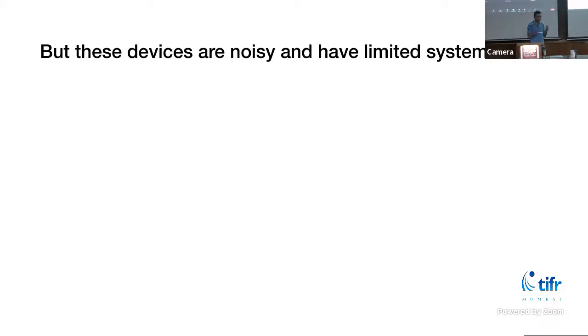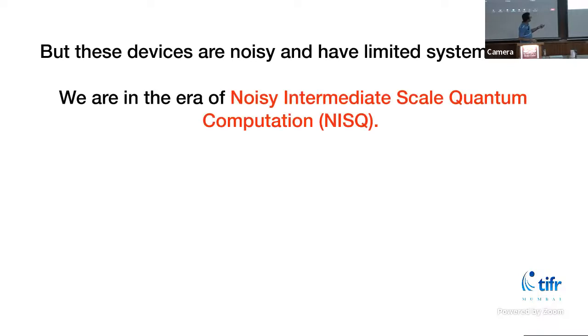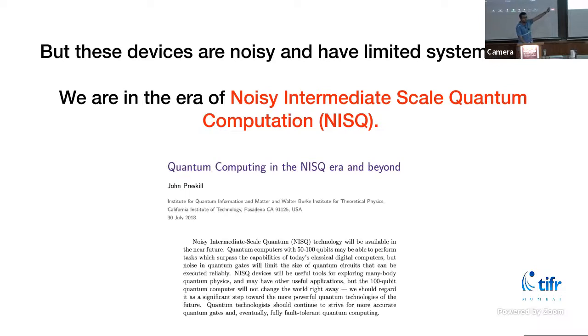Google, I think, has 70, very finite system sizes. So this is called noisy intermediate scale quantum computation. Noisy because of the noise, and intermediate scale because we have limited system sizes. This phrase was popularized by John Preskill just concurrent to when Google had their first quantum computer, 4 or 5 years back.